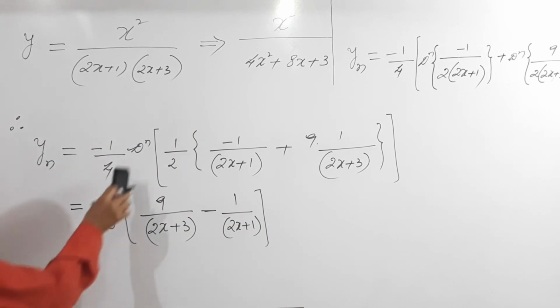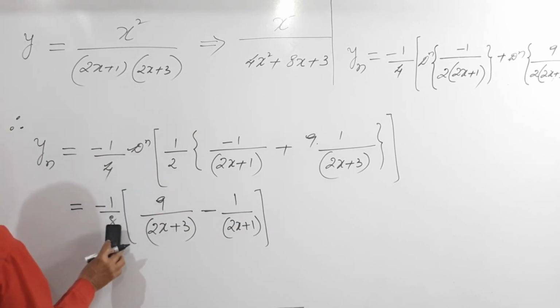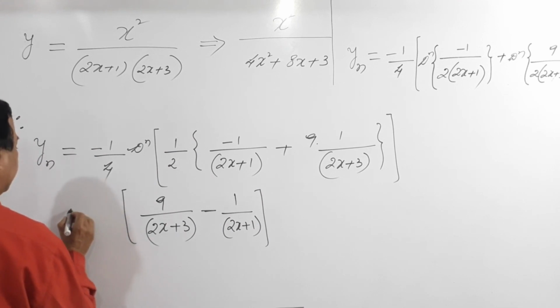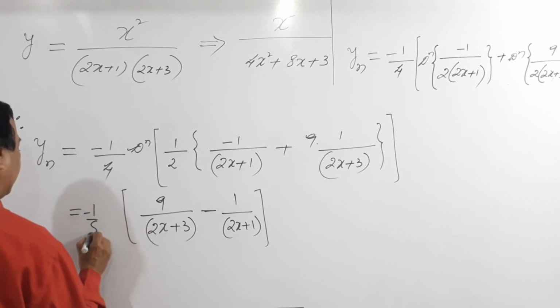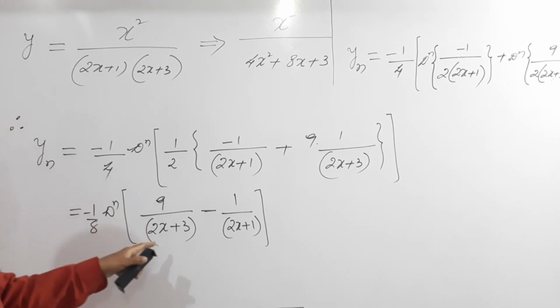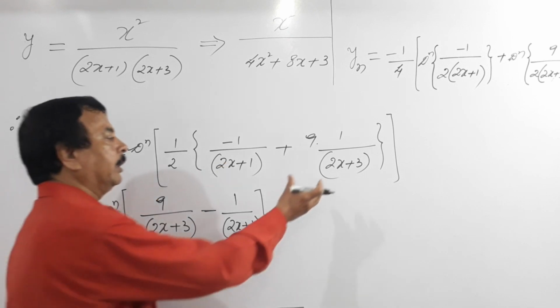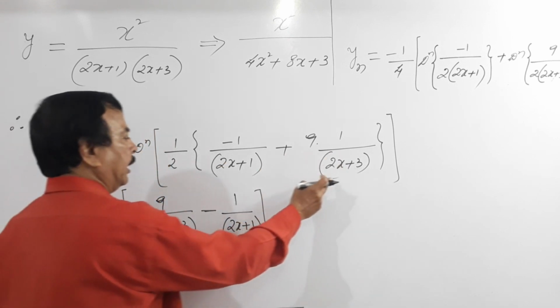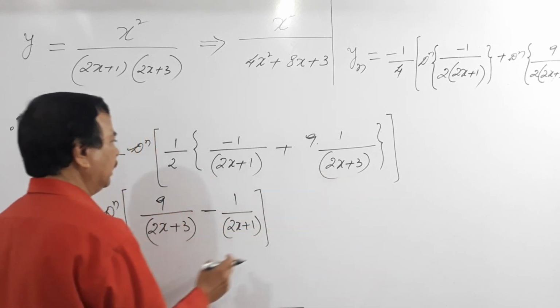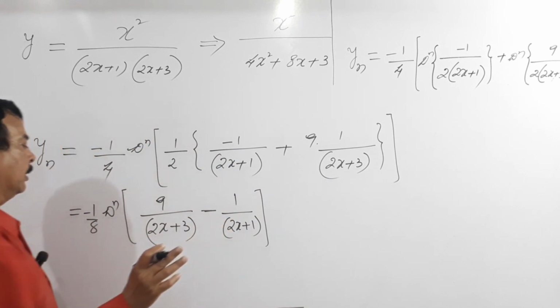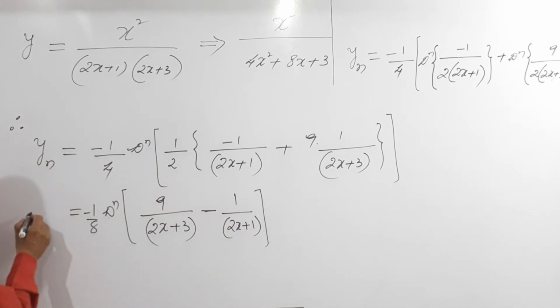Again I write this dn should be here only. So this is equals to minus 1 by 8 dn of, I have brought this plus sign to begin with, so plus 9 by 2x plus 3, this minus sign minus 1 by 2x plus 1. So this is our yn.